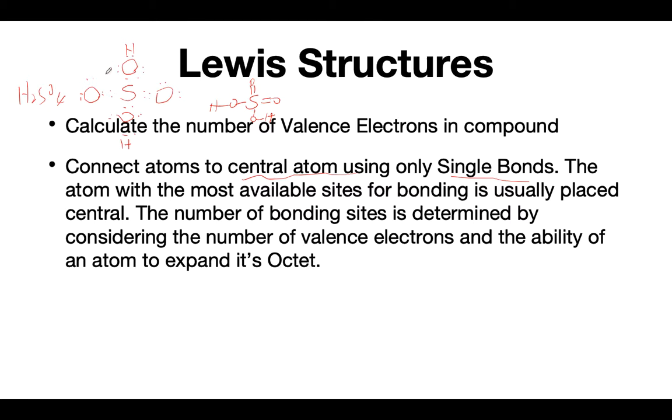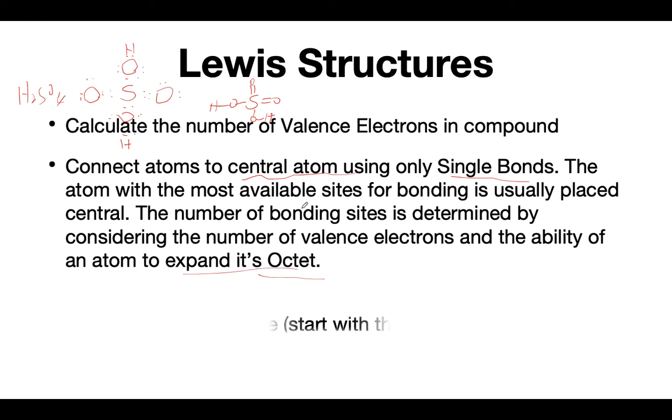Now you can see how many electrons sulfur has outside, the valence. So here is 4, 4, and here are a total of 4. So the total is 12. That means the sulfur does not follow the octet rule. This is because the sulfur has d orbitals involved, so that expands the octet.